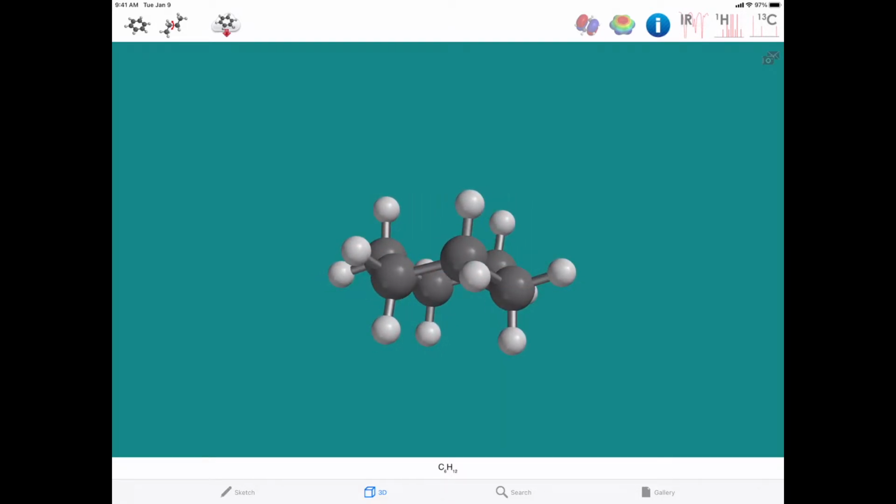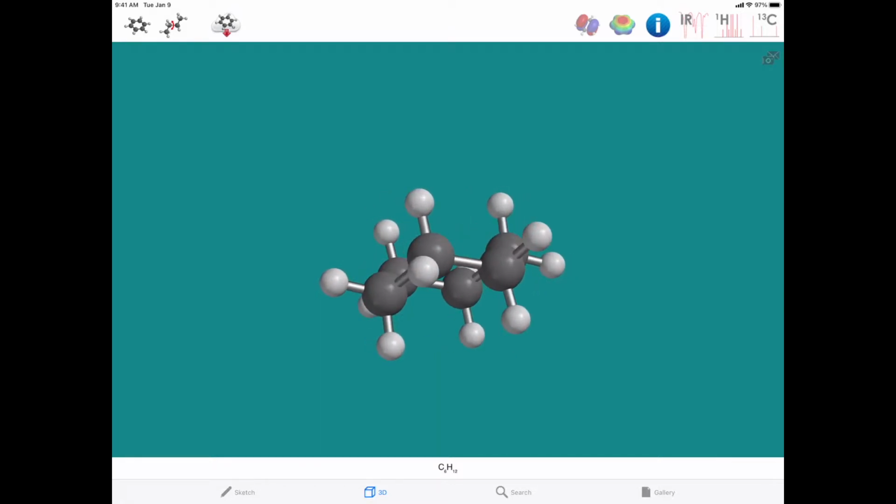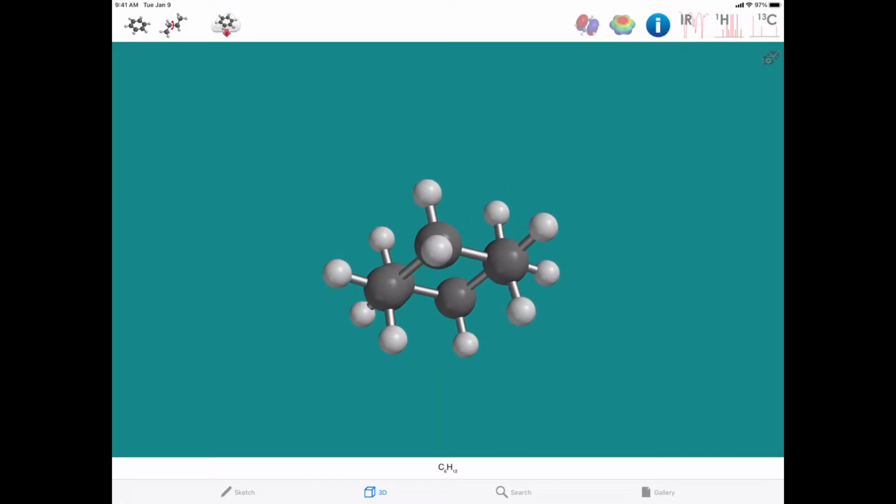So just like we did in the drawing on the other slide, let's look down this carbon-hydrogen bond. Okay, and as we do so, we notice here's the carbon in the front. We got a proton that's down and a proton that's up. And then in the carbon in the back, we have a proton that's up and one that's down, but they are staggered with each other.